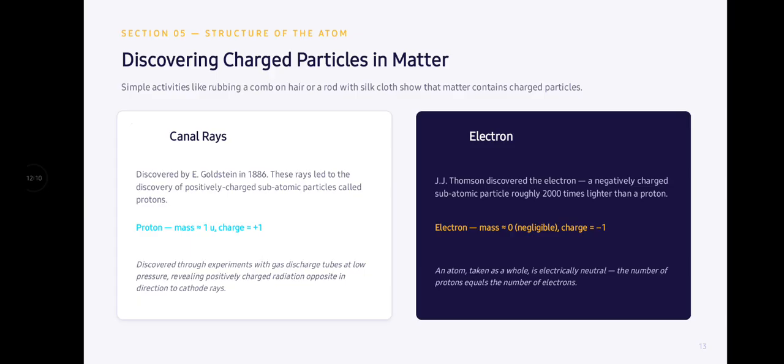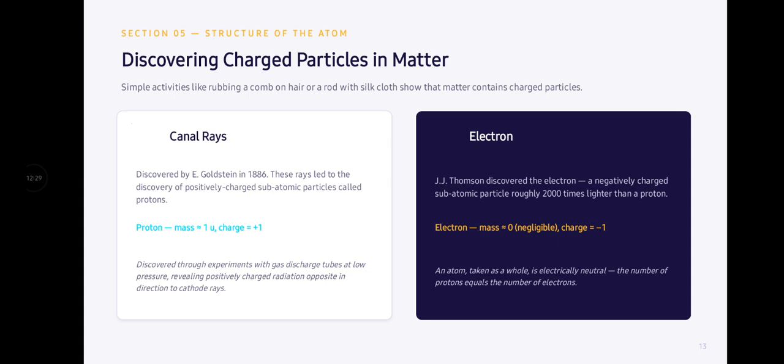Next is discovering charged particles in matter. Simple activities like rubbing a comb on hair or a rod with silk cloth show that matter contains charged particles. Canal rays, discovered by Goldstein in 1886.